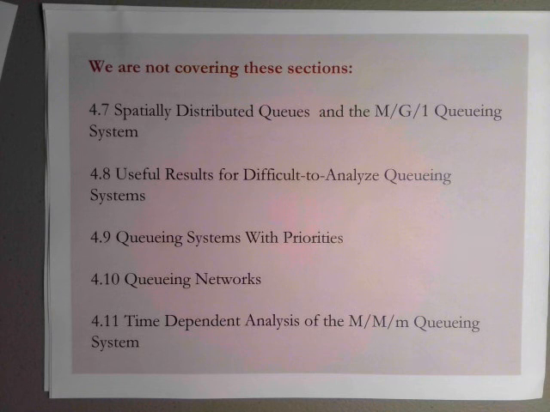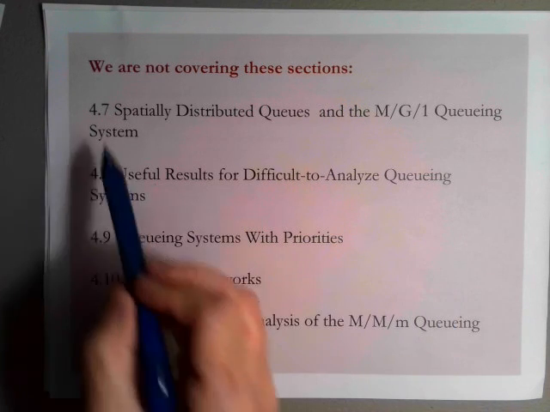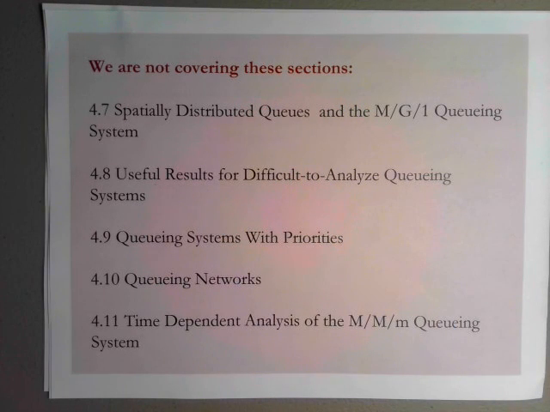I pretty much taught it as if I was teaching the beginning of IEE 470. If you're in IEE 470, it's possible that you're getting this material in parallel with that course. I'm not exactly sure when the queuing comes up, but we will not be covering anything about M/G/1 queuing systems. I'm just not going to cover all of these remaining sections in Chapter 4.